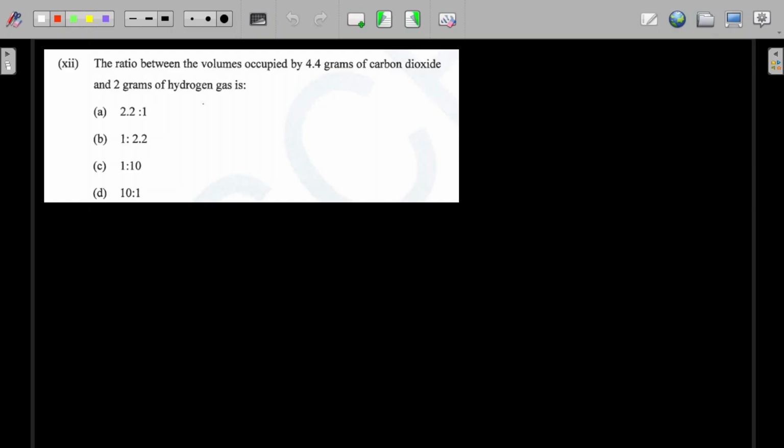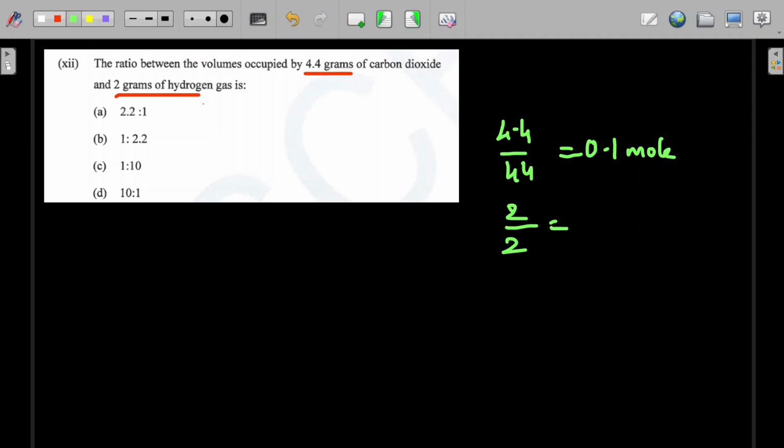The ratio between the volumes occupied by 4.4 grams of carbon dioxide and 2 grams. Similar kind of question, previously what we did. Ayuna, tell me what is the answer for this? So 4.4 grams of carbon dioxide is going to be 0.1 mole of carbon dioxide, and then 2 grams of hydrogen is one mole only.